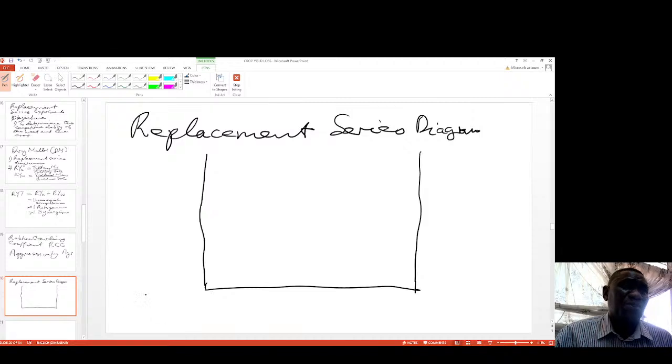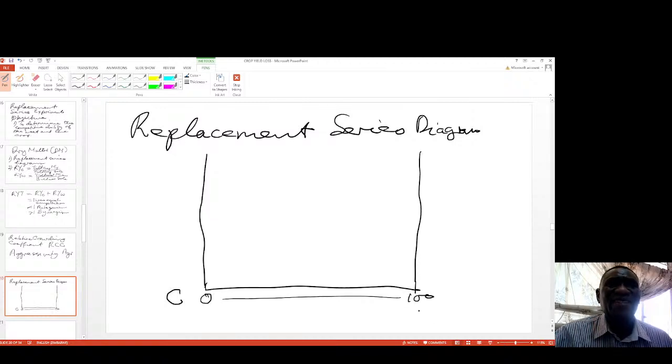So for the crop, let me just use C to represent the crop. And for your x-axis, your crop, you can start with 0 and probably increase up to 100. Of course, you can have low numbers. Then the weed may start with 100 and decrease to 0.